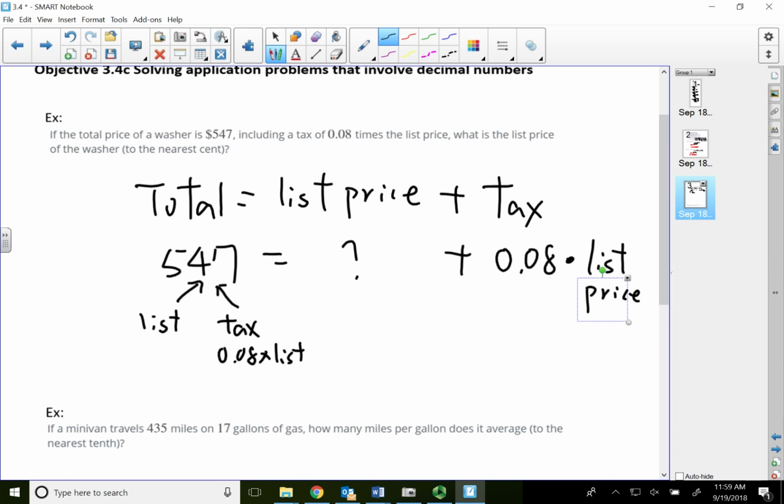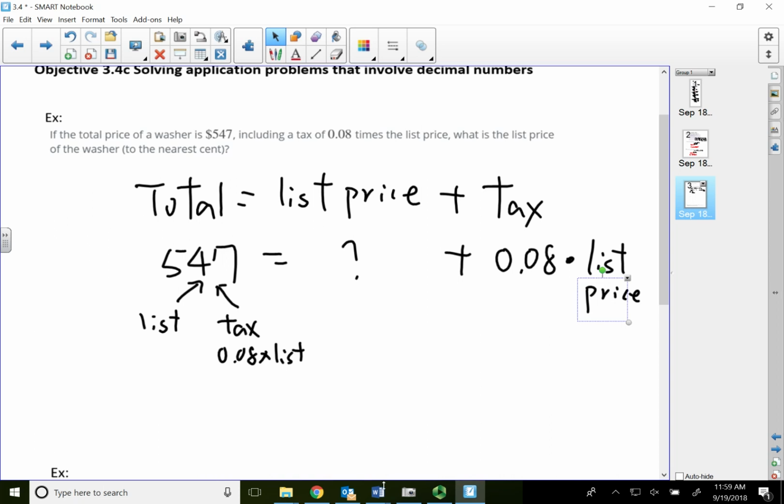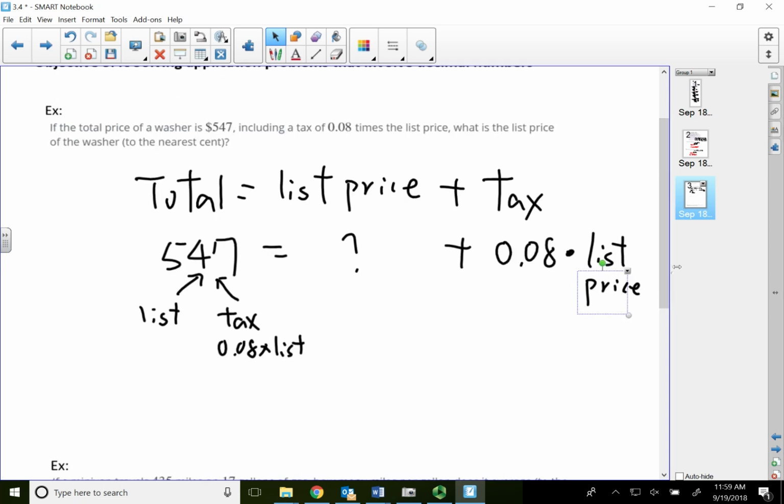All right. So what do we do exactly with this problem? Let's think about this. Okay, this is kind of strange. The list price, I don't know. Whatever this list price is, I got to pay for the whole thing, plus I got to pay for the tax.